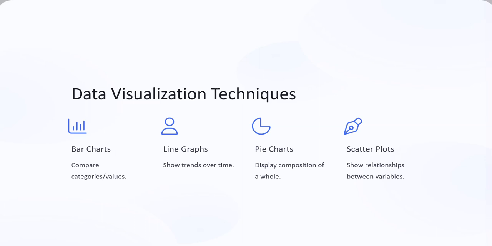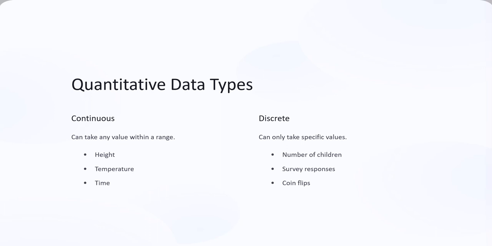Okay. And then the qualitative data and quantitative data types, you know it very well, what is the qualitative data and what is the quantitative data. And the quantitative data types are the continuous data set and the discrete data set. So based on that, even your analysis will be different. Height, temperature, time, those are continuous data sets.